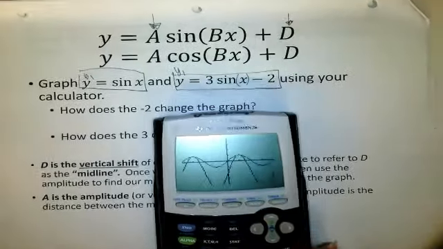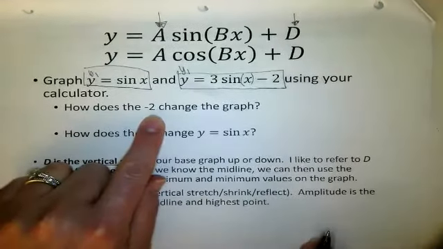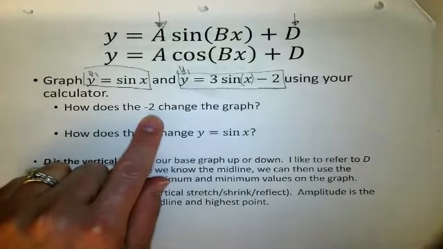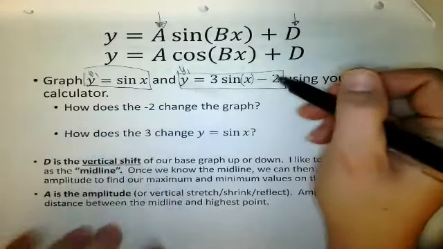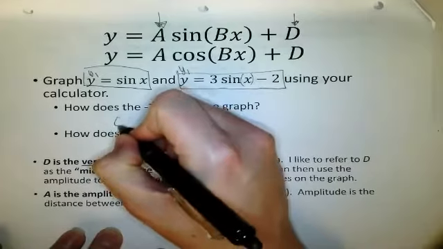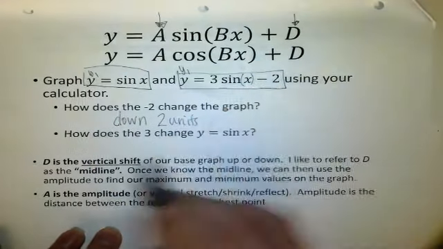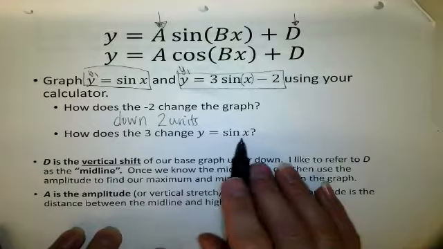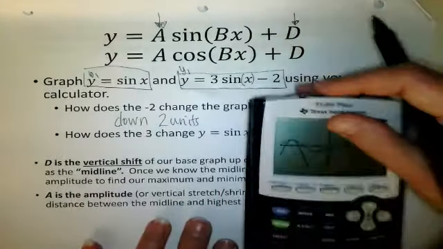All right. So how does the -2 change the graph? Shifts it down 2 units. How does the 3 change the sine graph? What did that do?